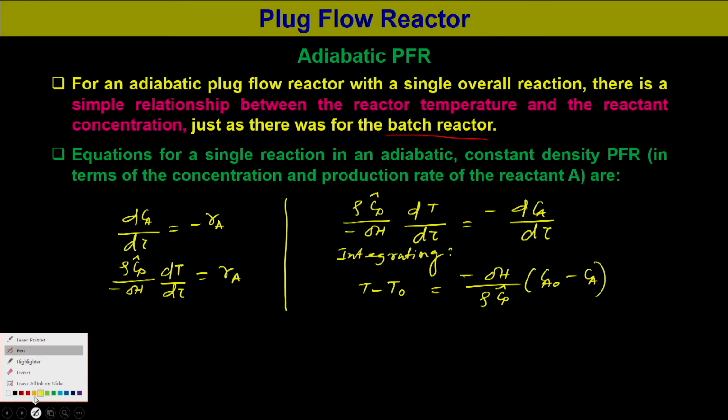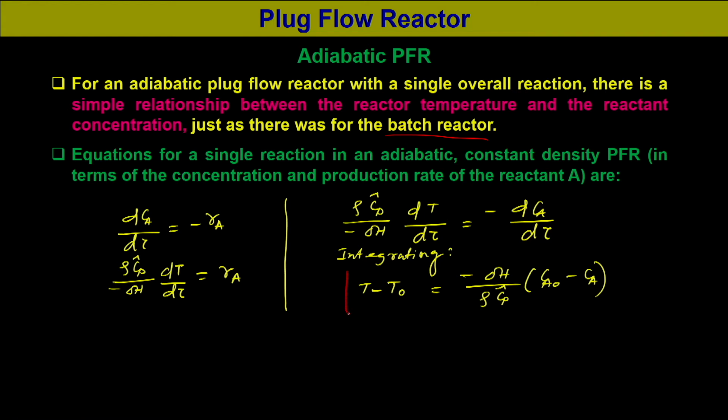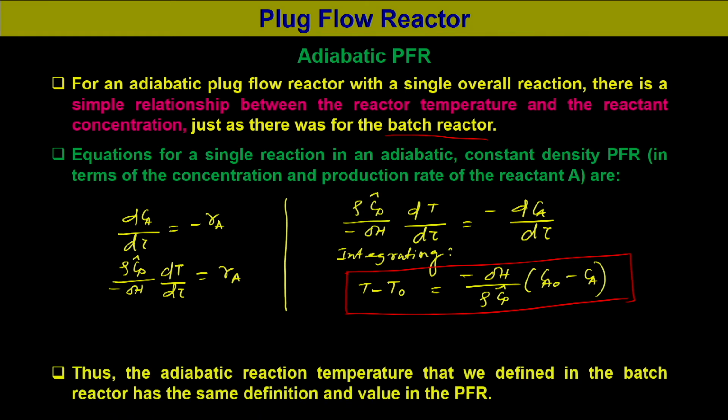Same relations we can obtain here between the temperature and the concentration for a single reaction. Thus, the adiabatic reaction temperature that we defined in the batch reactor has the same definition and value in case of the plug flow reactor.